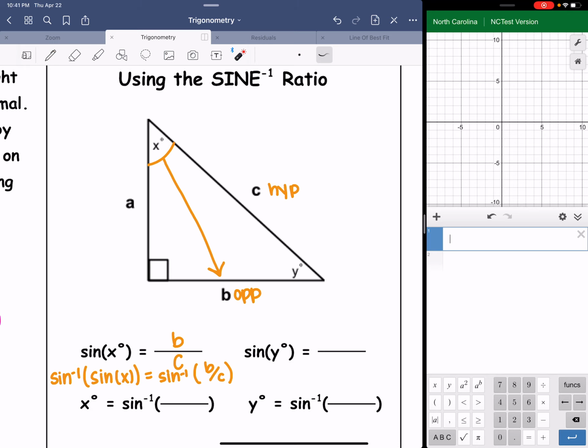Well, when I take the inverse and the regular sine at the same time, they cancel each other out because they're inverses. So that cancels, and you're just left with x equals sine inverse of b over c.